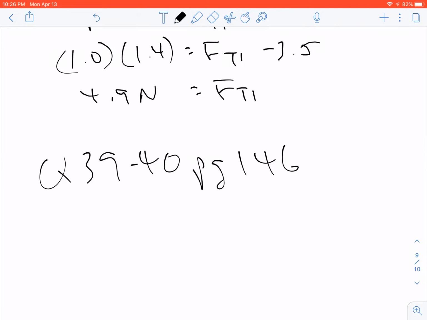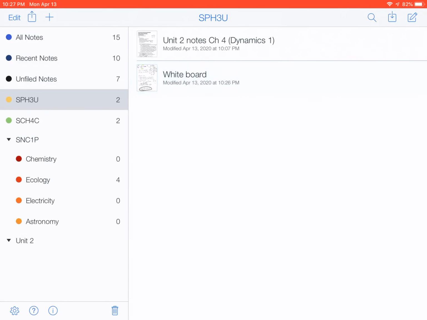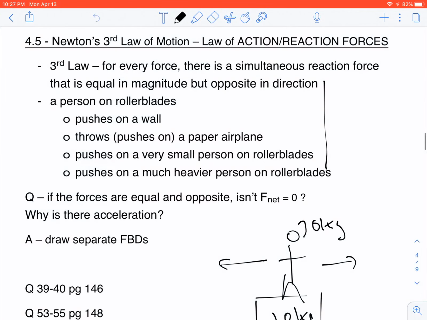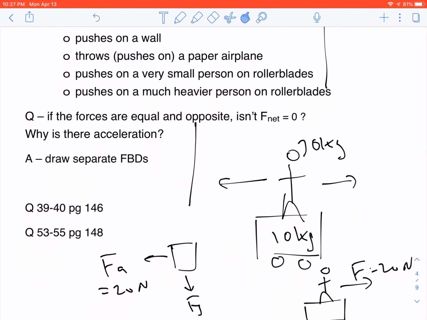And then there is also questions 53 to 55 on page 148. Okay, so there they are there. 39 to 40 on 146 and 53 to 55 on page 148.